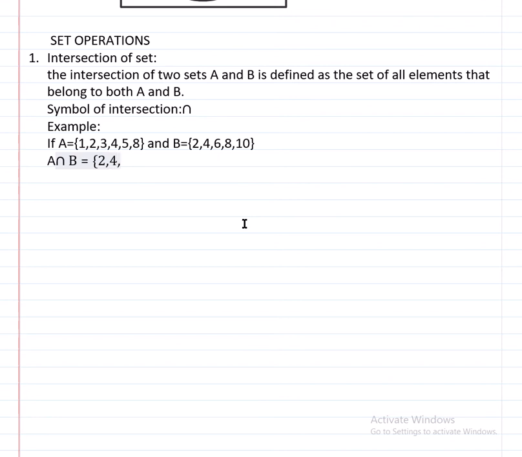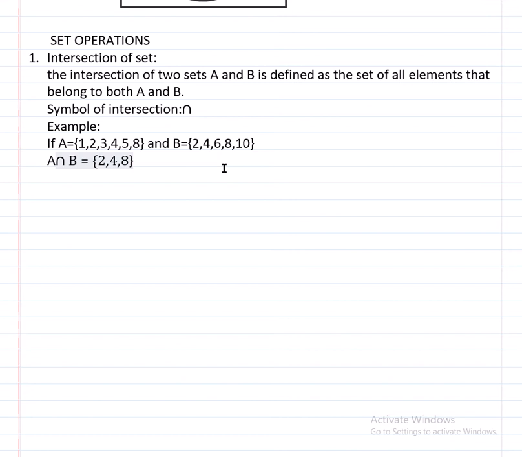Let's take 5. 5 belongs to A, but 5 doesn't belong to B. What of 6? We don't have 6 at A, so they don't intersect. What about 8? We have 8 here and we have 8 there, so 8 is part.